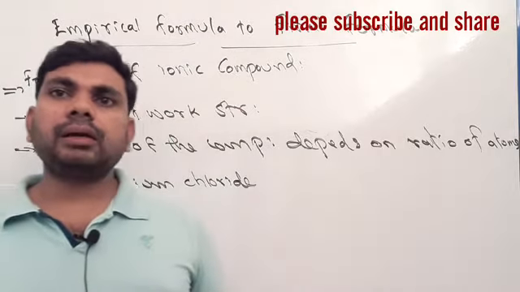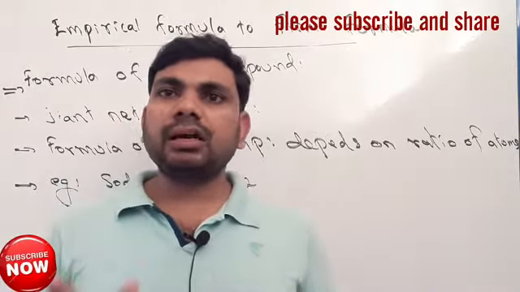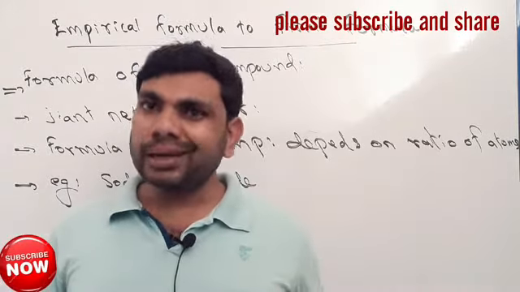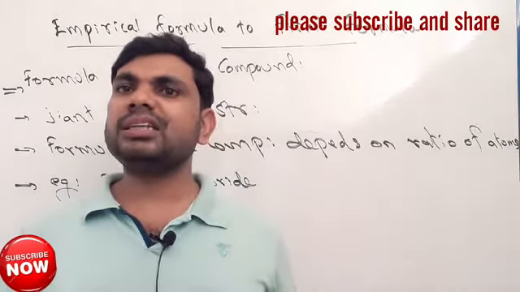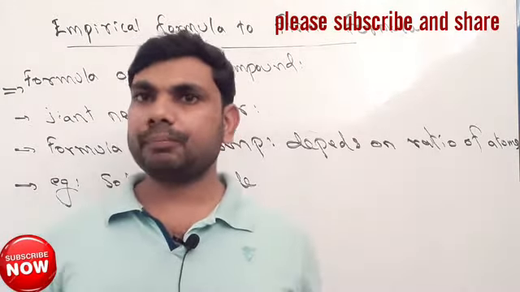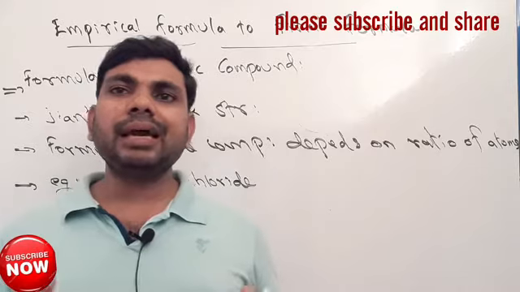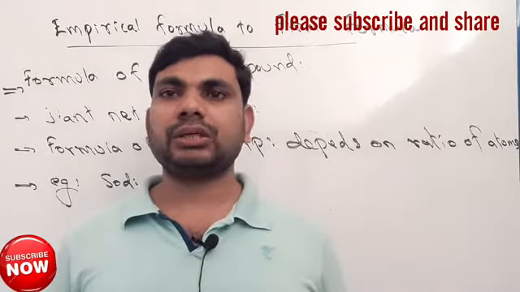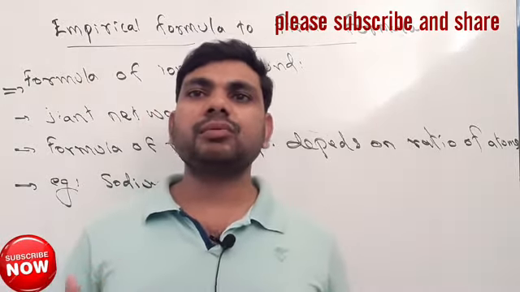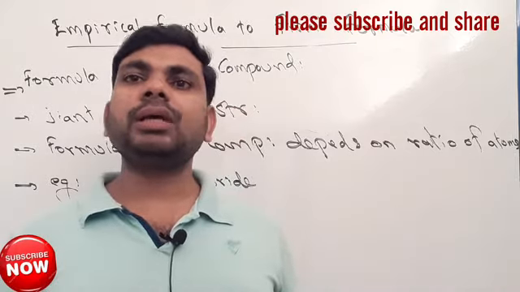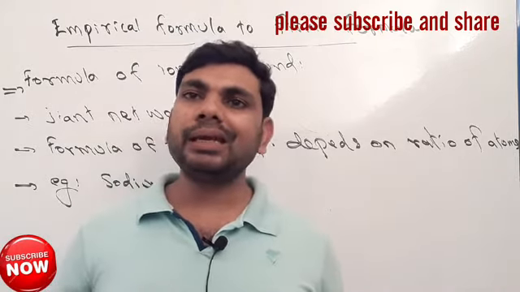Some compounds have the same empirical formula and final formula, for example ionic compounds. Ionic compounds have a giant network structure. Even one molecule contains many atoms.